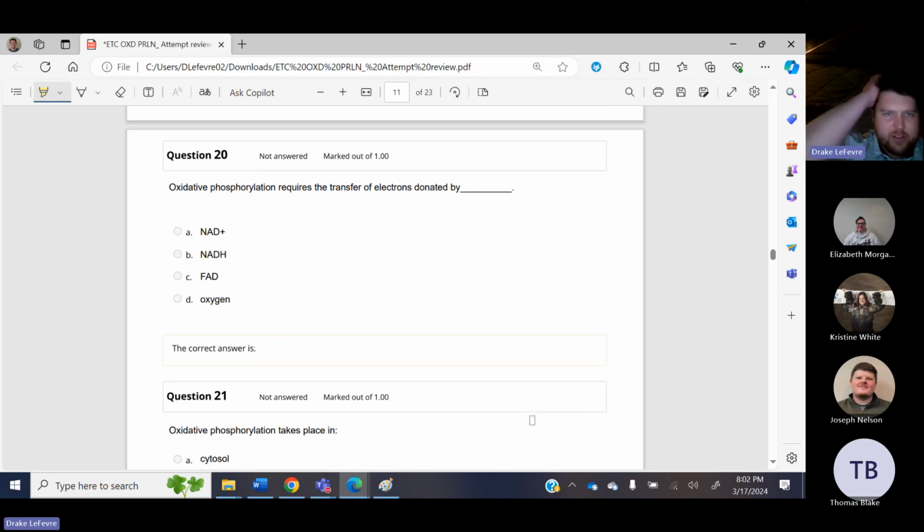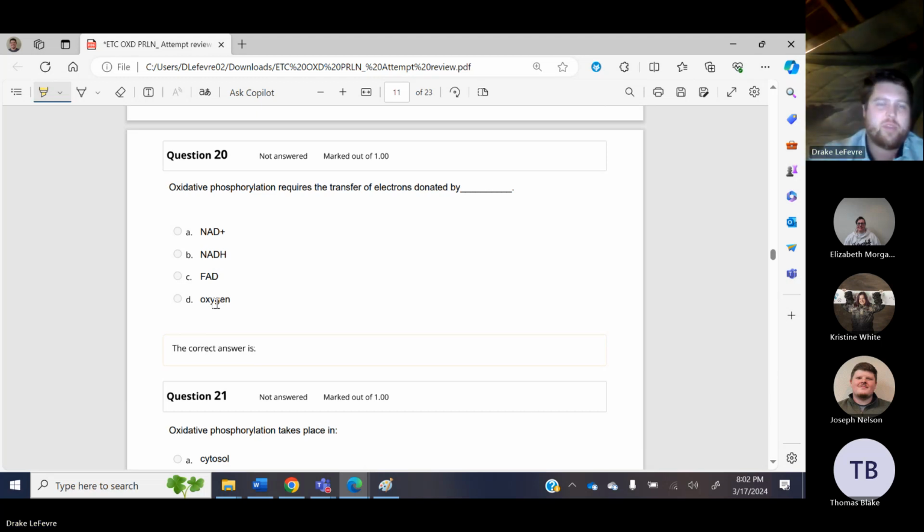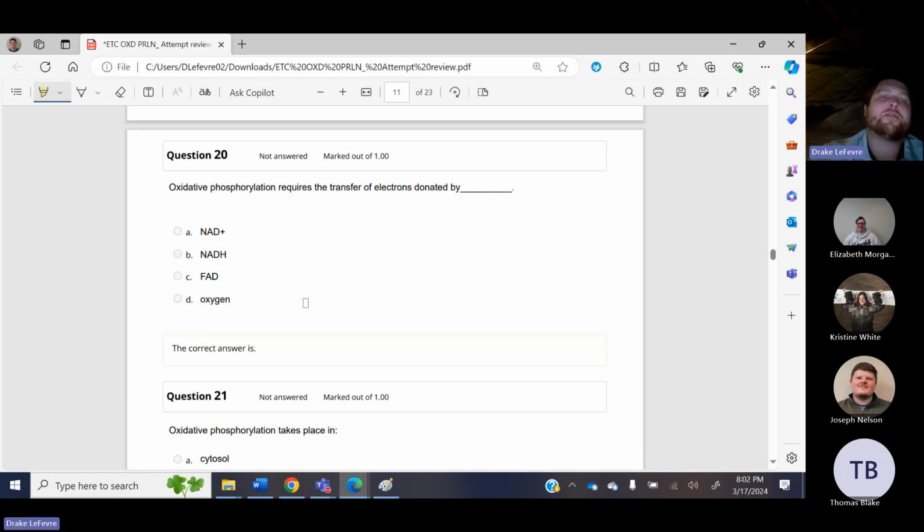Oxidative phosphorylation requires the transfer of electrons donated by which of the following? Again, these are the kind of questions that I feel can be a little bit tricky. So think, which of these four currently has electrons that it will in the future donate?